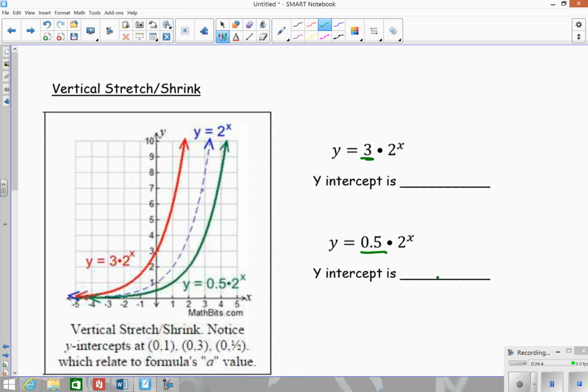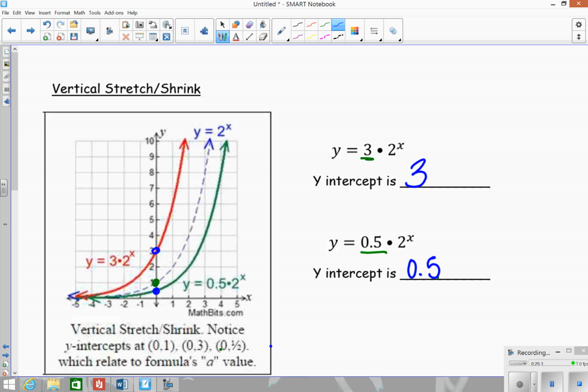If we look at the dotted curve here, that's our parent function. The y-intercept started at (0, 1). Notice what happened. In this case, when we multiplied 1 by 3, we got 3, so the new y-intercept was at 3. Where when we multiply the y-intercept by 1/2, you get 1/2, which means that y-intercept is going to be 0.5.